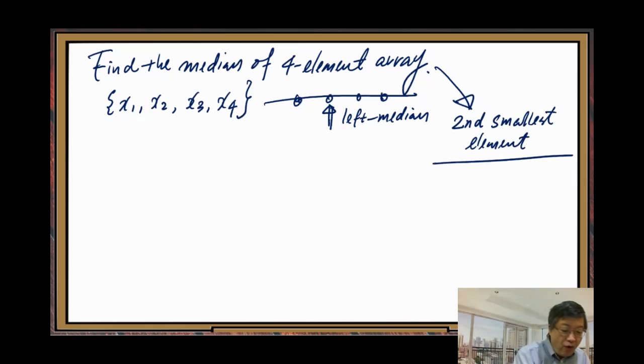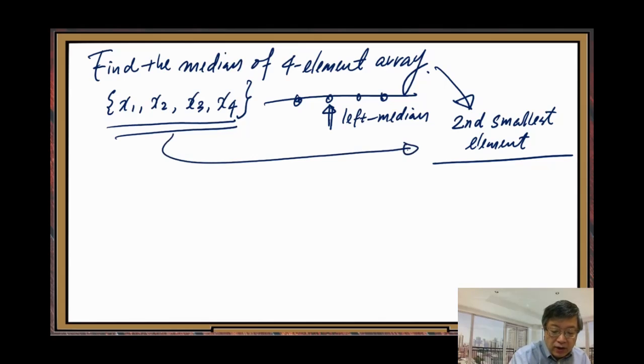So given a 4-element array, we need to find the second smallest element, not the first smallest element. Here, let me use that special trick.